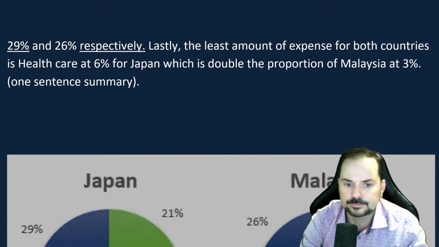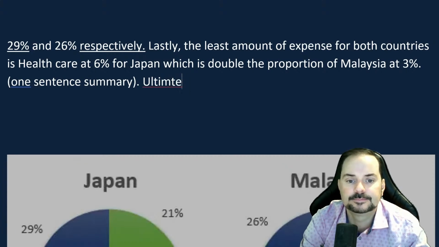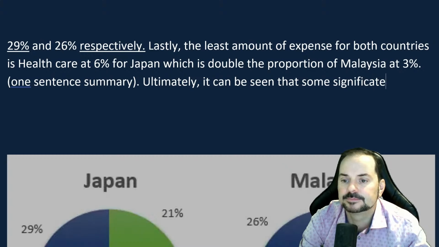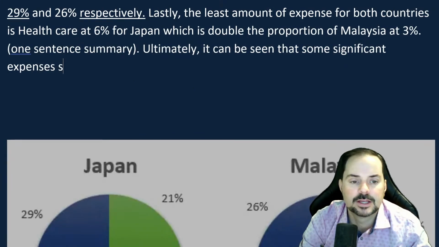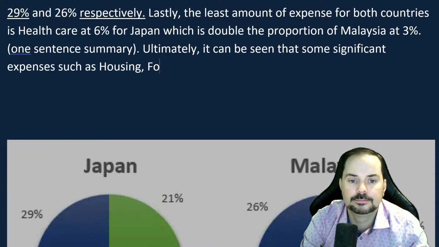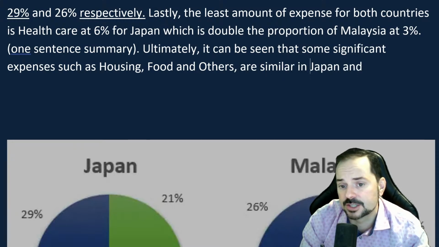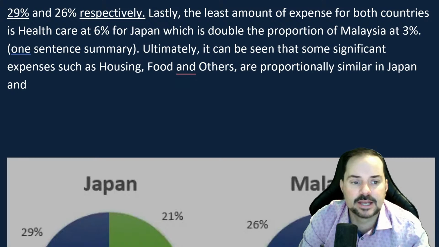So ultimately, it can be seen that some significant expenses, such as housing, food, and others, are proportionally similar in Japan and Malaysia.